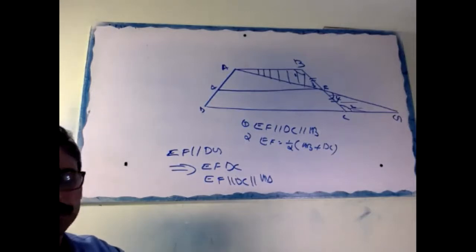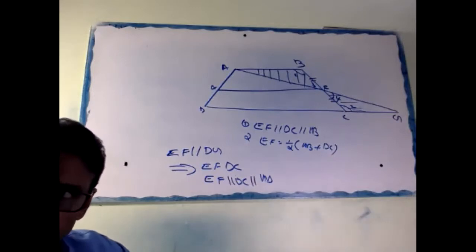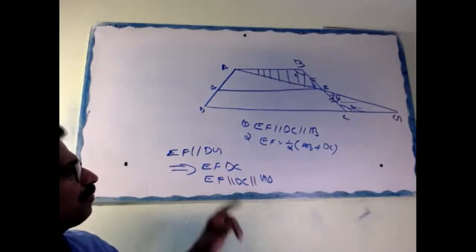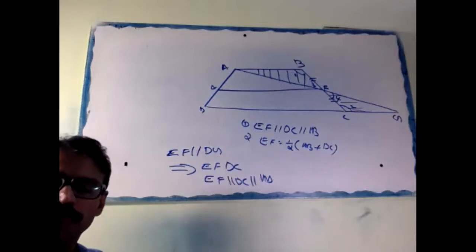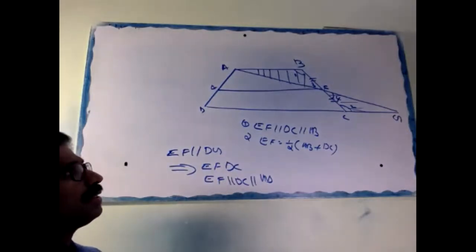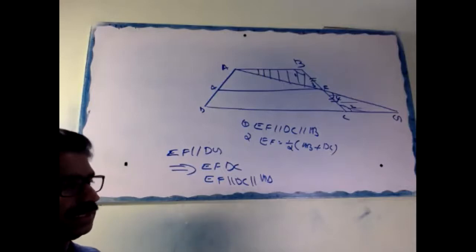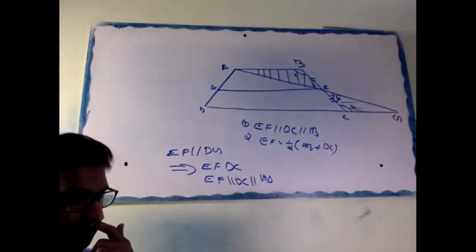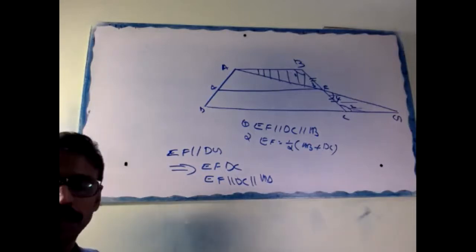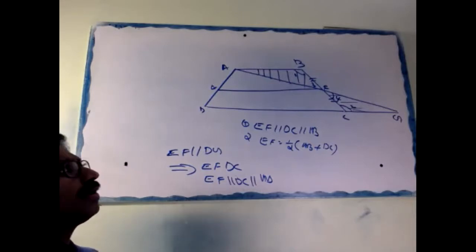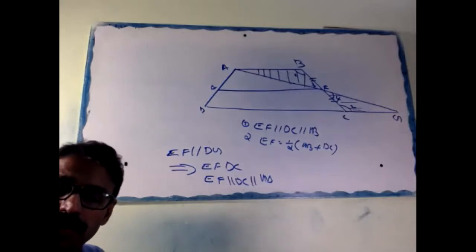Then by midpoint theorem, EF is parallel to DG, which implies EF is parallel to DC. But DC is parallel to AB. Therefore, EF is parallel to DC, which is parallel to AB. Okay. Clear now? First part is clear or not?